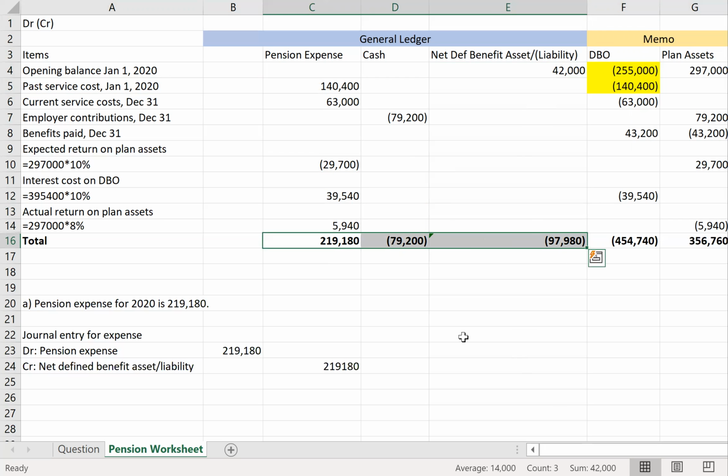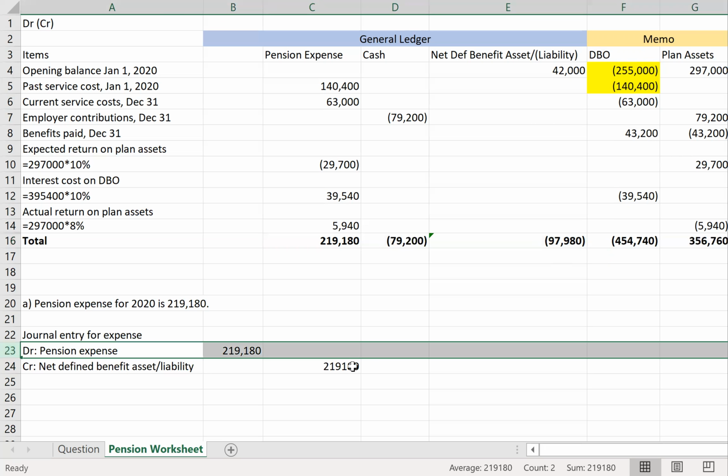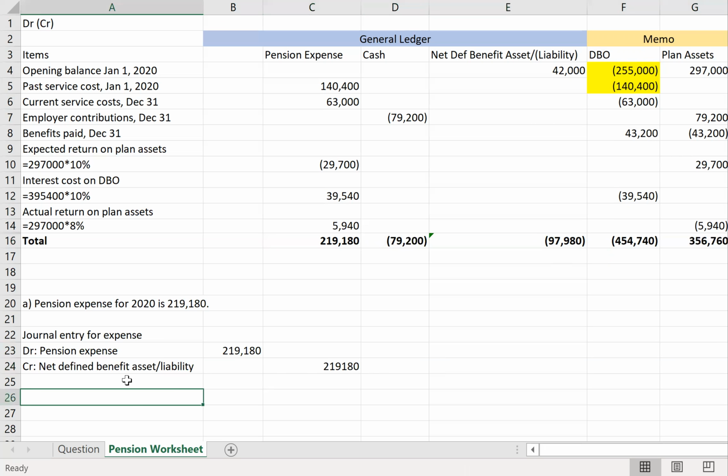This is not the balance sheet amount. This would need to include the opening balance there. But the offset of the pension expense hits our net defined asset or liability. And I'll show you how this reconciles in a minute. So that's the journal entry for the expense.